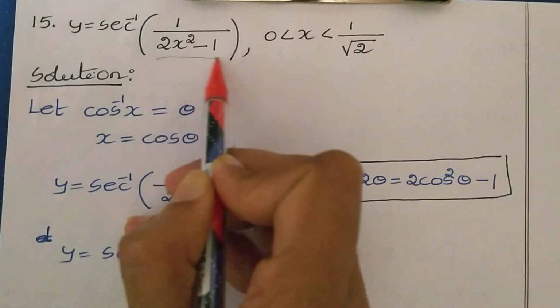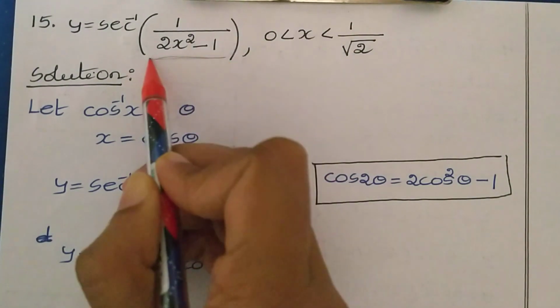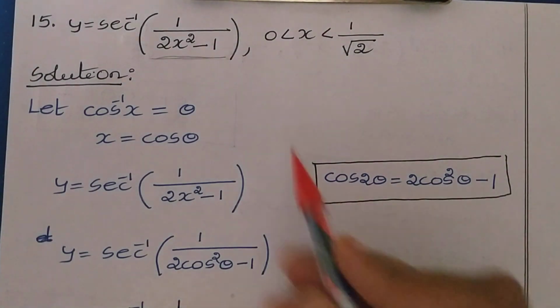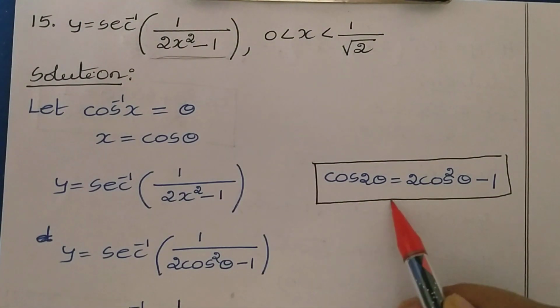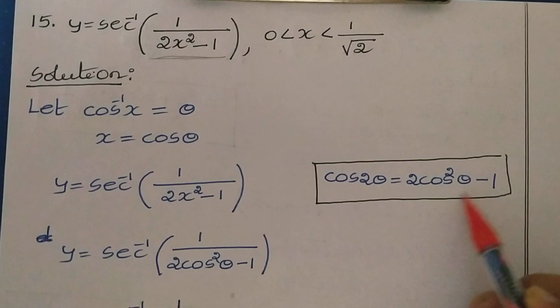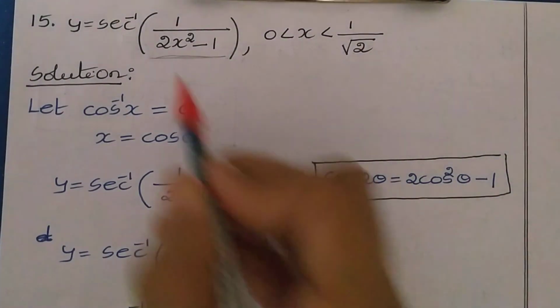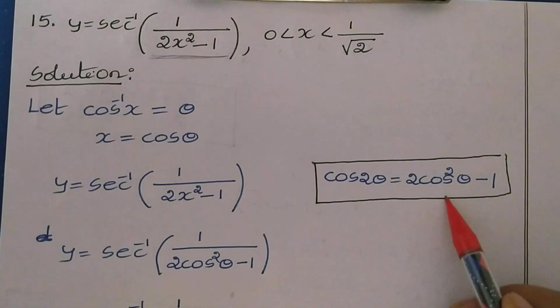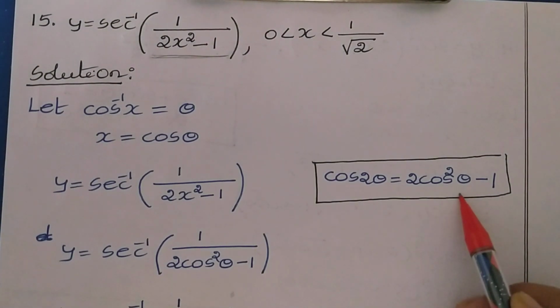If you know the trigonometric identities very well, then you can guess which formula you can apply. See here, I can apply this formula, cos 2 theta is equal to 2 cos square theta minus 1. You can see here we have 2x square minus 1. That means x we can take as cos theta.